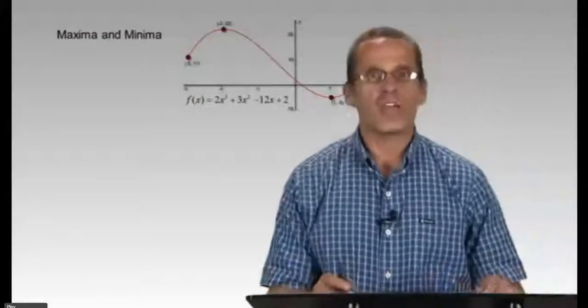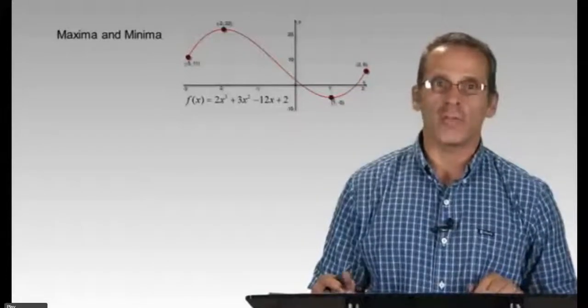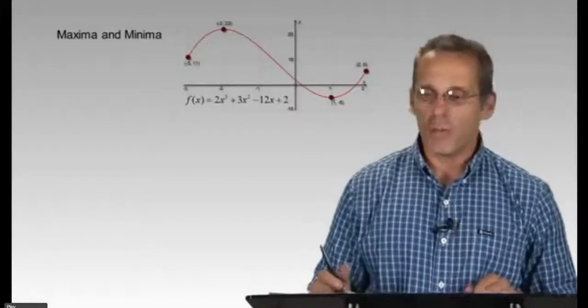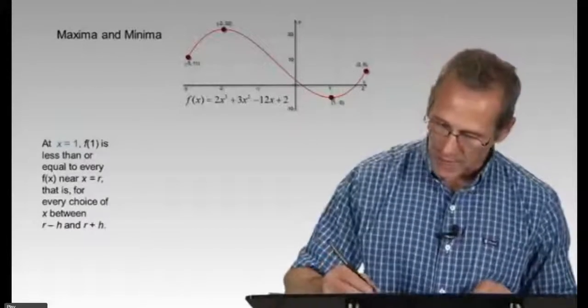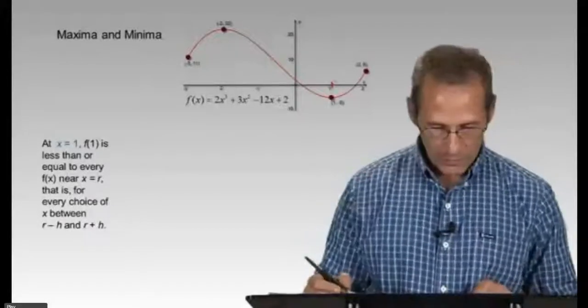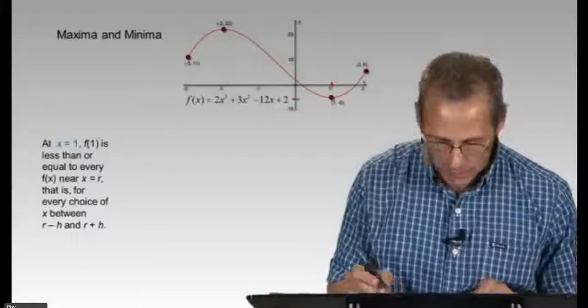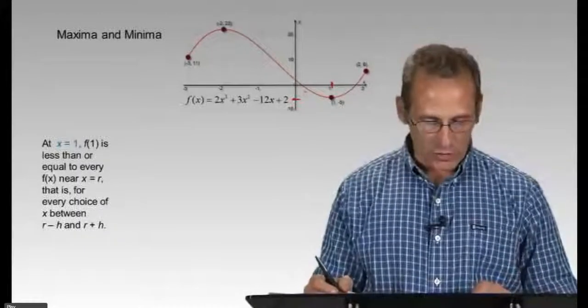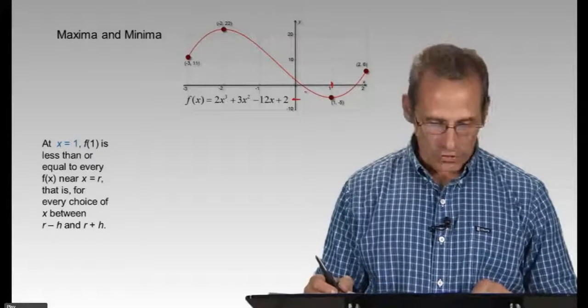Here's the graph, same graph we looked at a moment ago. But let's look at the concept of relative maximum and relative minimum numerically. At x equals 1, f of 1, the function evaluated at 1, is less than or equal to every f of x near x equals r.